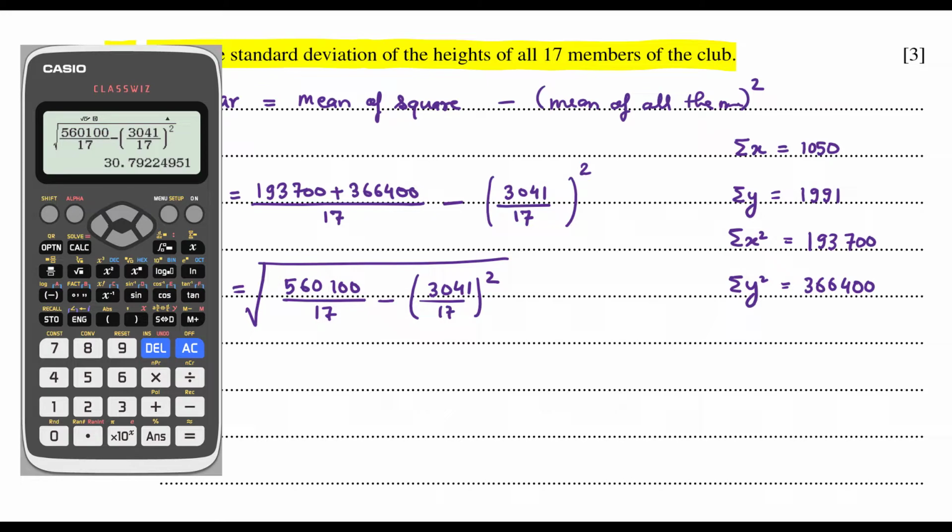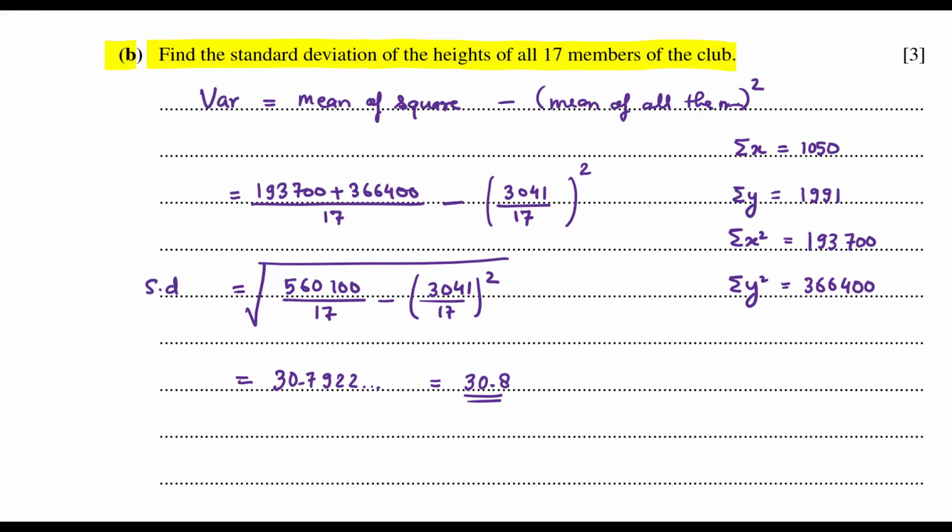This is going to be 30.792 and so on. So to 3 significant figures, the answer is 30.8 centimeters. That's the standard deviation of the 17 members of the club.